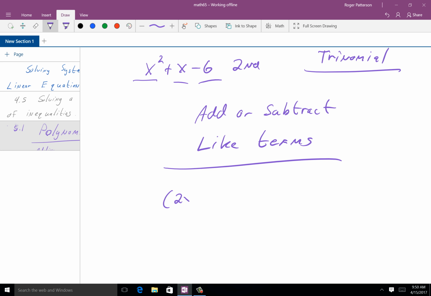So I like to have, when I was doing this in 60, I say you got to read it. So this has 3x squared minus x squared. So that's going to give me 2x squareds. 4x's minus a negative 3. So that becomes a positive 3. So that's a 7x's. And negative 10 minus 1.